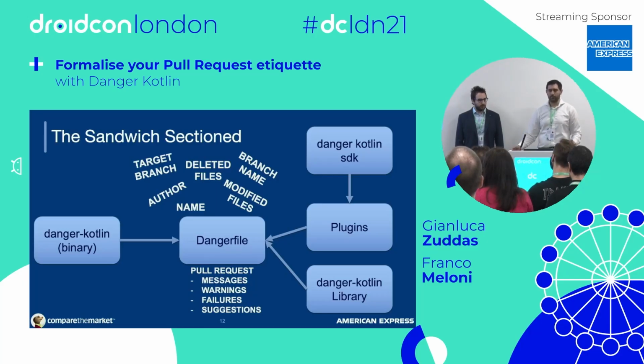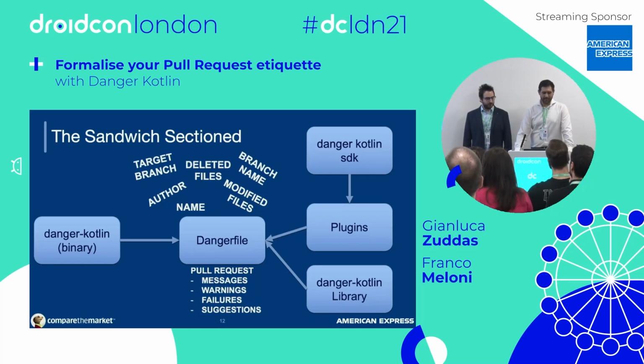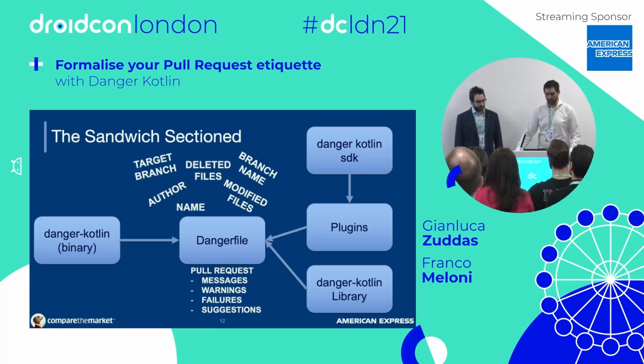With that, we could use all the pull request data to write down everything in your mind to make some funny messages and annoy whoever opens the PR. But yeah, we process that, and we produce an array of messages, warnings, failures, or suggestions that you want to publish back on your PR.